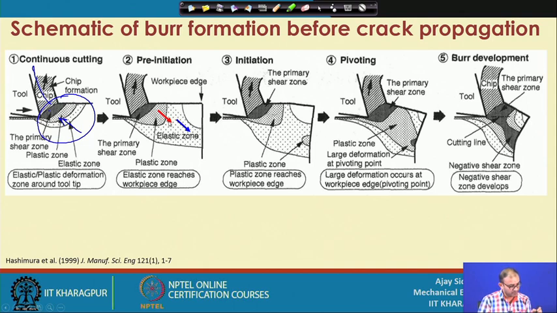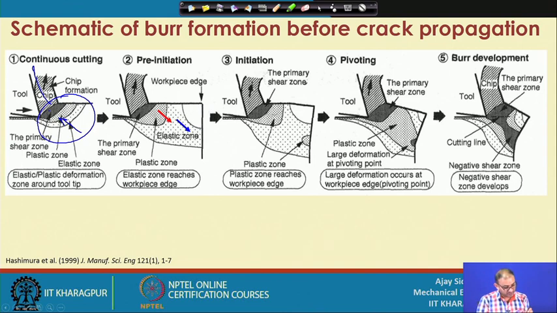Your plastic zone will expand in this direction, the elastic zone expands further, and the elastic zone reaches the workpiece edge. Because you are continuously pushing your tool in this direction, you are expanding the elastic-plastic zone, and since this is the edge of the workpiece, your elastic zone reaches the edge of the workpiece.